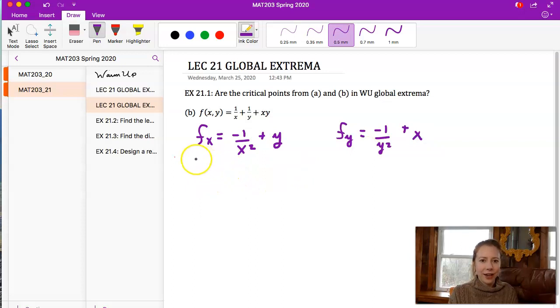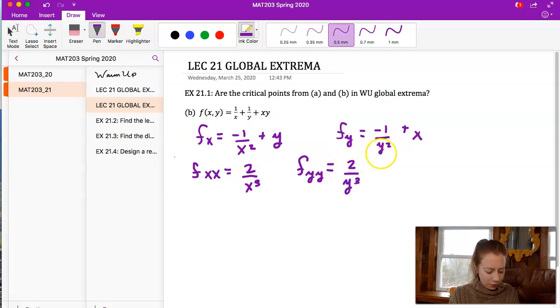Okay, now we have to take the second order. With respect to x, we end up with 2 over x cubed. And with respect to y, we end up with 2 over y cubed.